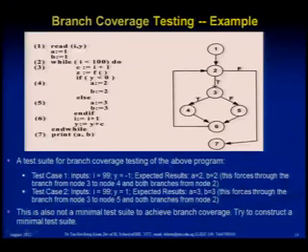So these 2 are decision nodes. All the outgoing edges at decision nodes are branches. So how many branches? 2, 3, 2, 7, 3, 4, 3, 5. Altogether, there are 4 branches here. So you have to understand the meaning of branches and the meaning of decision node before we can study branch coverage testing.